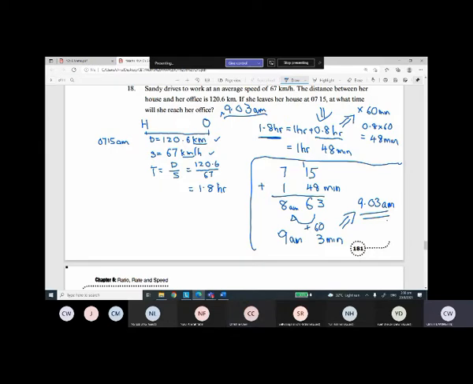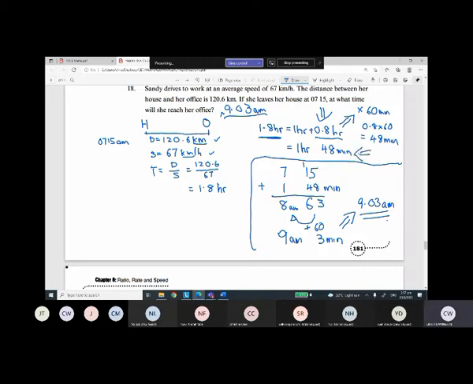Nobody will know what 0.8 hour is, right? But if you change it to minutes, 0.8 hour is actually 48 minutes. If people tell you 48 minutes, you will know what it is. But when people tell you 0.8 hour, you don't know. So that is one of the reasons why we change it to minutes. 0.8 times 60 gives you 48 minutes. That's the reason why you have 48 minutes.